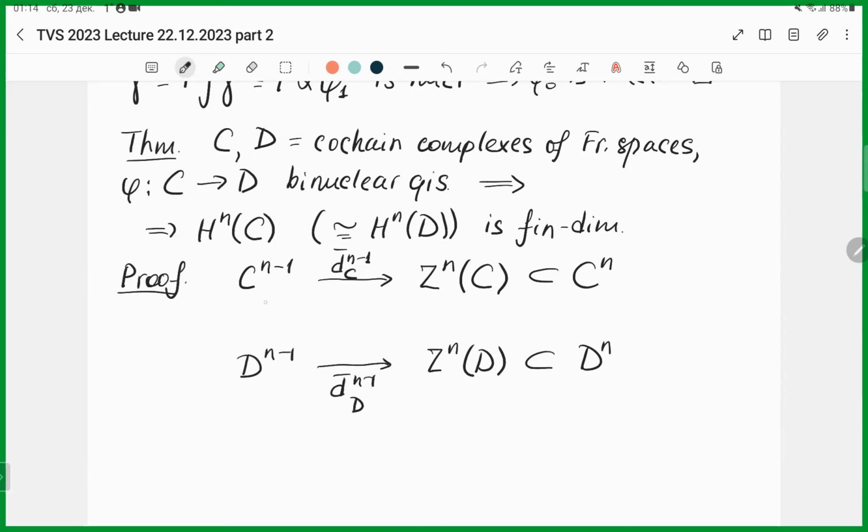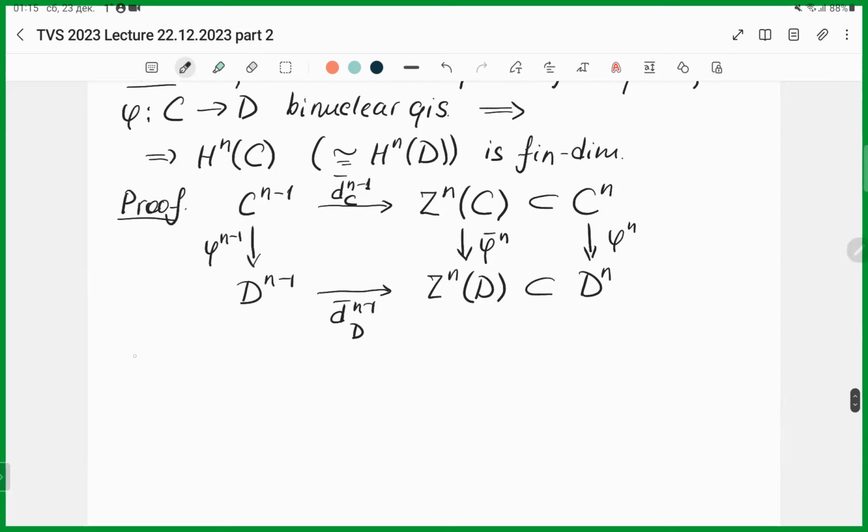Now here we have the map phi n minus 1, and here we have phi n. Let's denote by phi n bar the restriction of phi n to Zn of C, the space of n cocycles. By assumption, phi n is binuclear.